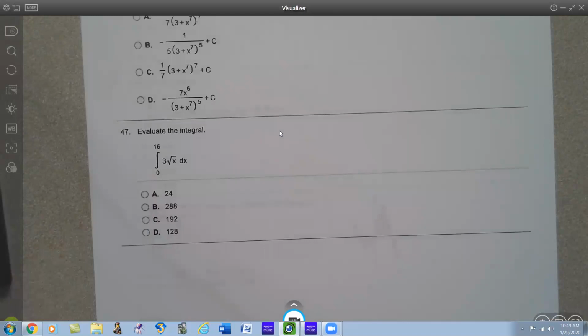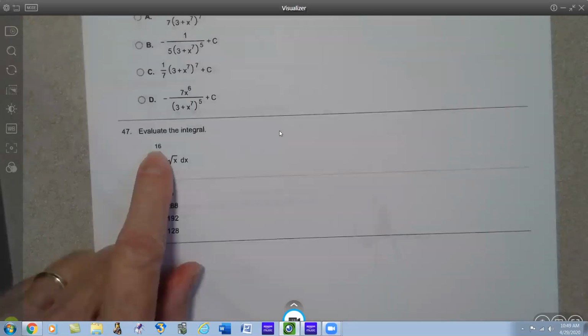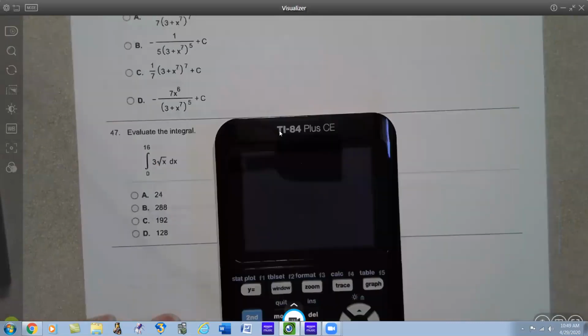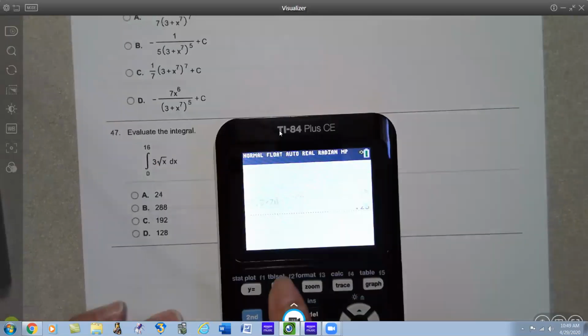Now, if you graph this, be careful, because if you're on your Zoom 6, your X value only goes to 10, and it will give you an error message until you go in and send that X max up to say 20. Let me leave it as 10 so you'll see what I'm talking about.